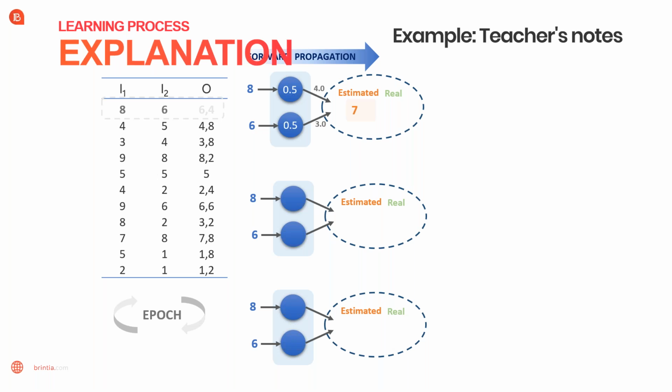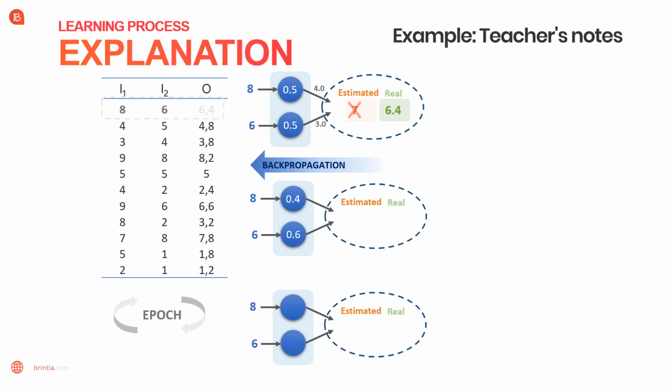When comparing the result 7 with 8.4, we calculate the cost function. We can see that the result is not the same. For this reason, we recalculate the weight with a backpropagation process. In this case, the 0.5 converts into 0.4, and the other one the contrary.